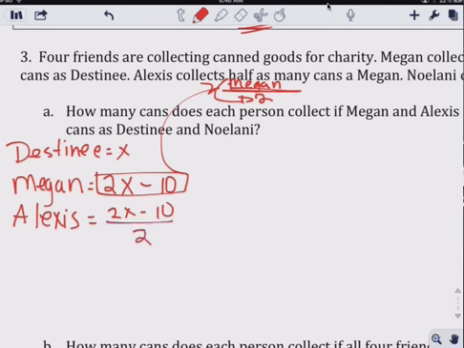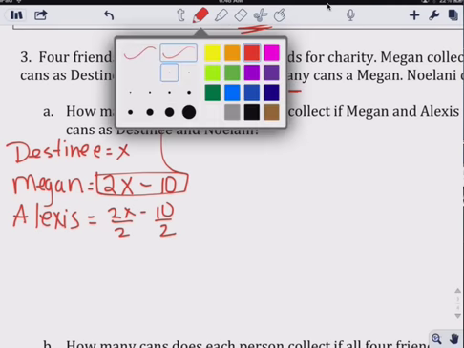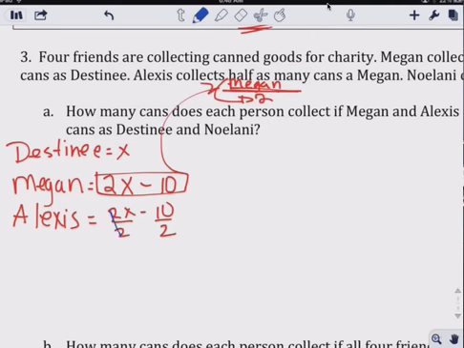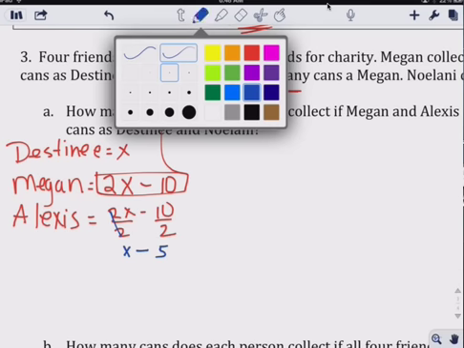That's how we get Alexis. If it makes it easier for you to see, let's just divide both of them by 2 like that. Okay, so Alexis then is x minus 5. That's what Alexis really is.